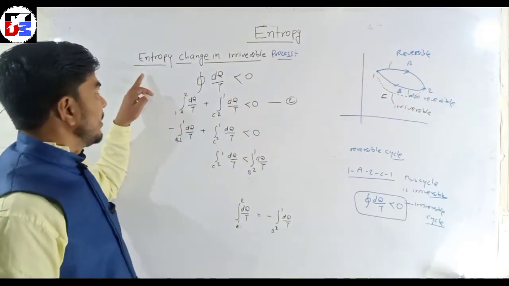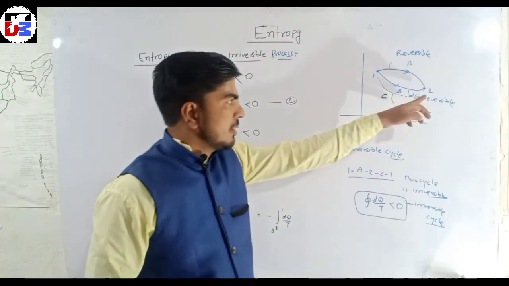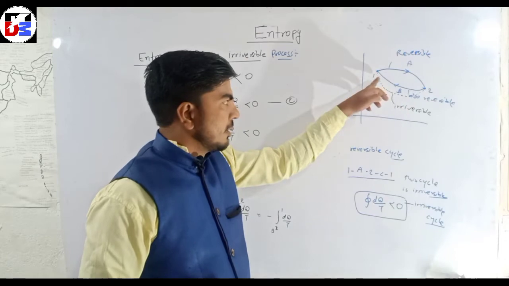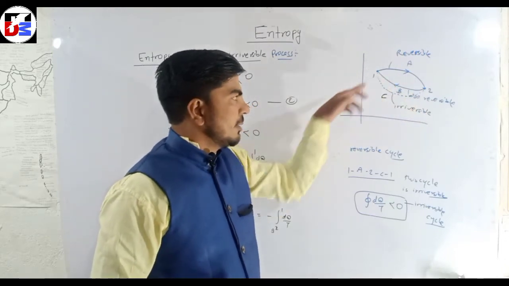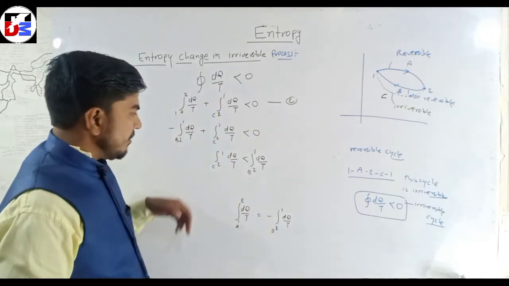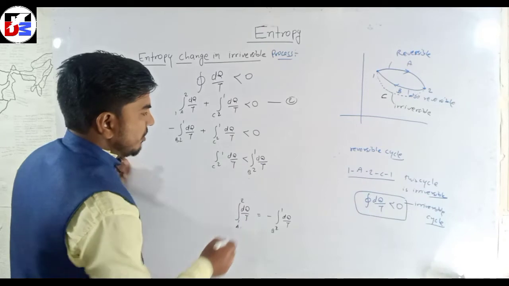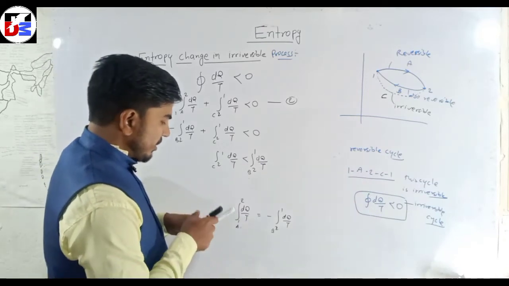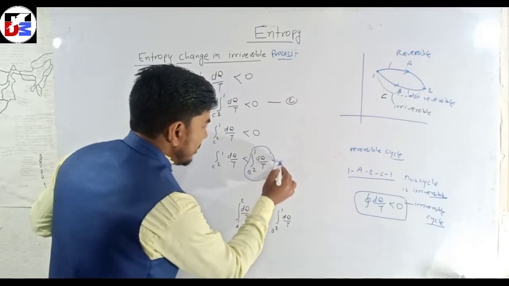Now our study is entropy change in an irreversible process. The irreversible process is 2C1; 2B1 is reversible and 2C1 is irreversible. Here we see that the integral along C from 2 to 1 of dQ/T is less than the dQ/T of the reversible term.